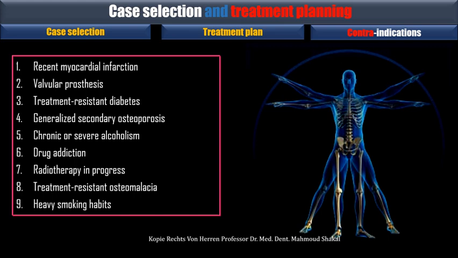So you may find that patients with systemic problems have a chance of a compromised immunity, which would eventually lead to failure. So these are the contraindications of having an implant prosthesis.